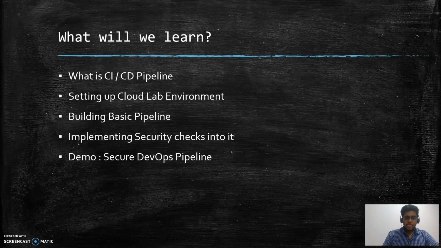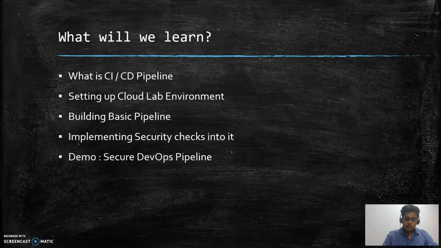Moving forward, let's talk about what we will learn during this whole series. I have made the videos keeping in mind fellow beginners who are not into CI/CD, so they can also get started with these videos. We'll learn what a CI/CD pipeline actually is, how things work in a pipeline, and what this buzzword pipeline means.